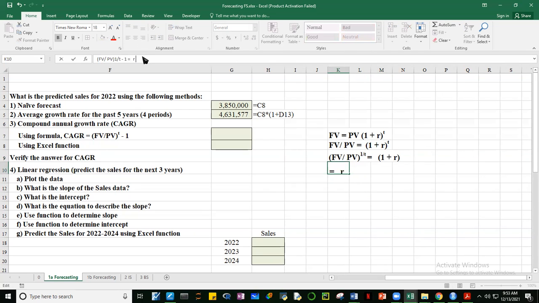So we have r now, which is equal to your CAGR. So that's your compound annual growth rate.